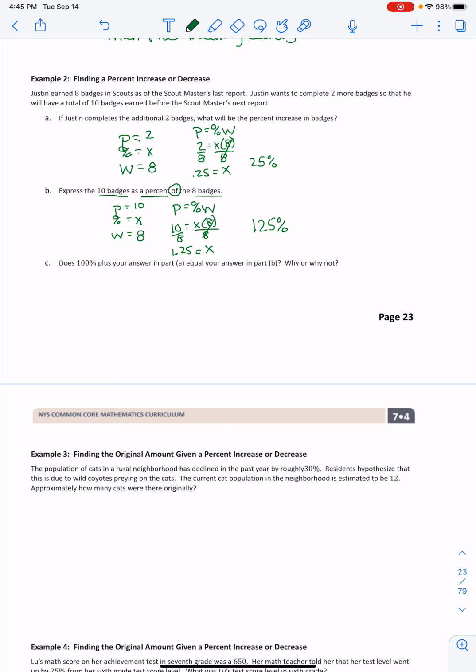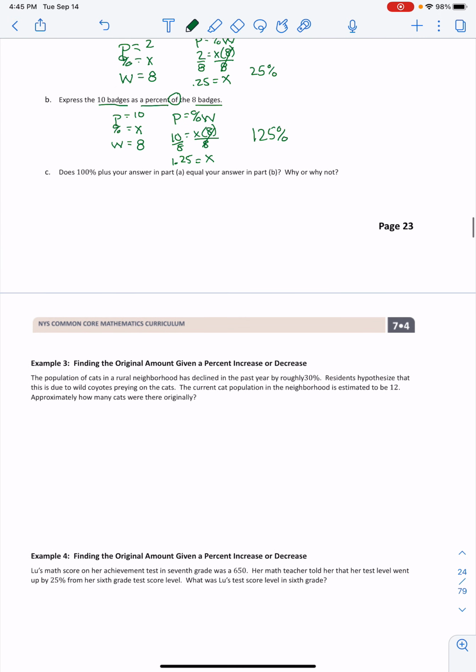Well, next, the question says, does 100% plus your answer in part A, which is the 25%, equal your answer to part B, which is the 125%? The answer is yes. And it says why or why not?